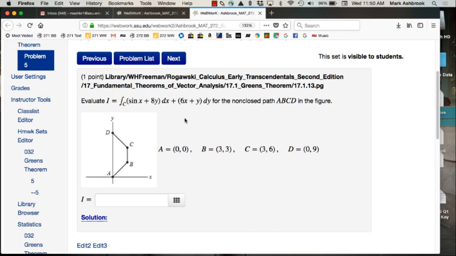So the first thing is, I hope you saw my note on Blackboard, that when you have a line integral like this, what is that right there?